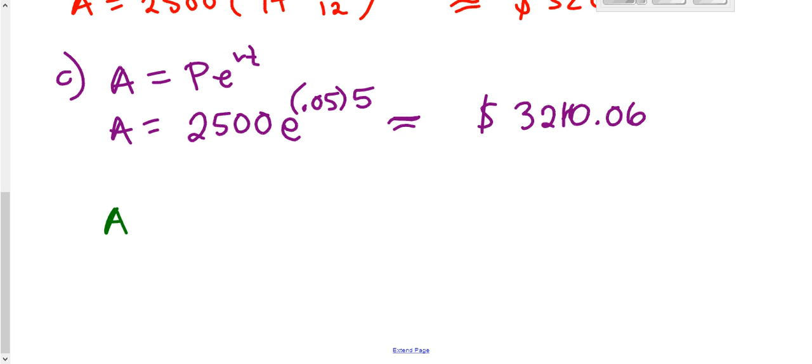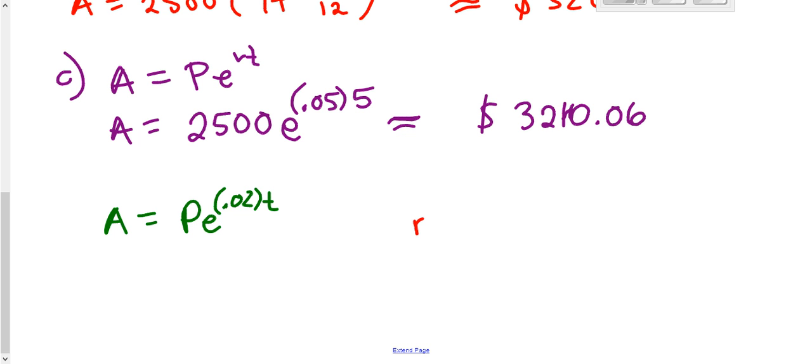And say they maybe didn't give us an initial deposit, so it was still P, and then E, the rate, they gave us a rate, so maybe it's 0.02, and the time, they didn't tell us the time. They didn't tell us how many years we are looking at. They just kind of give us a general idea.